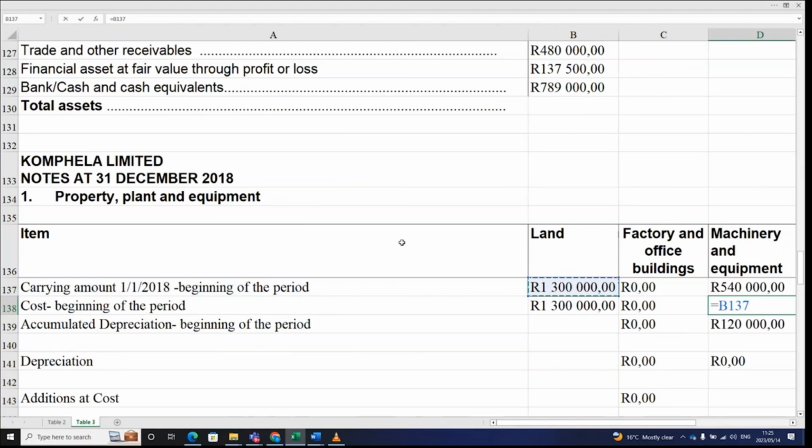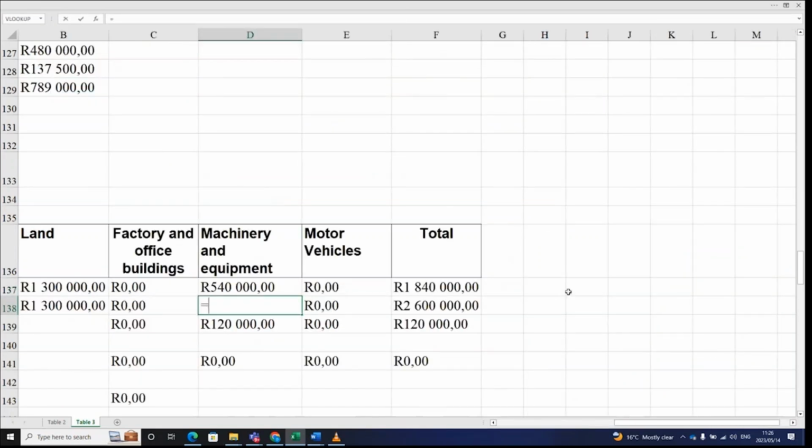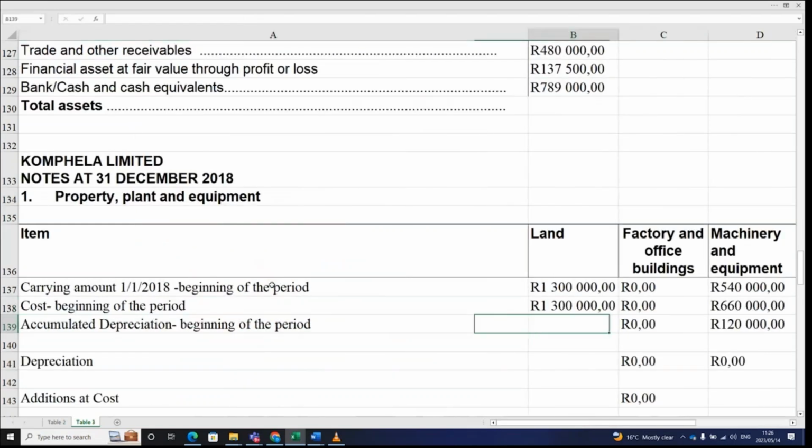So to work backwards, the accumulated depreciation plus the carrying amount will give us the cost at 660,000.